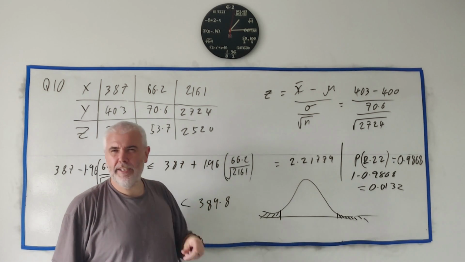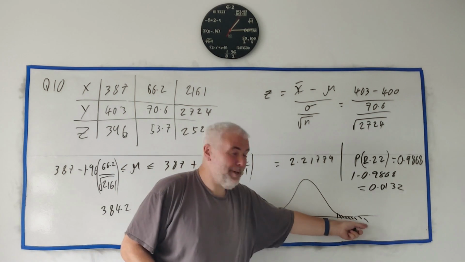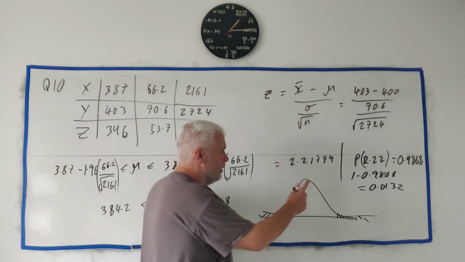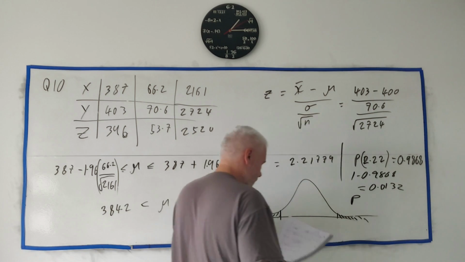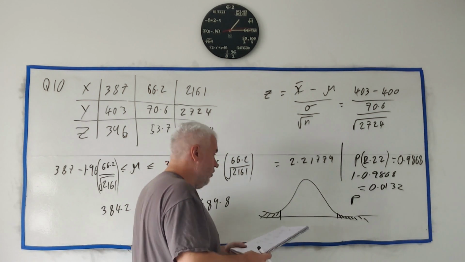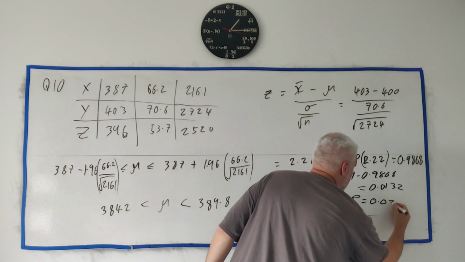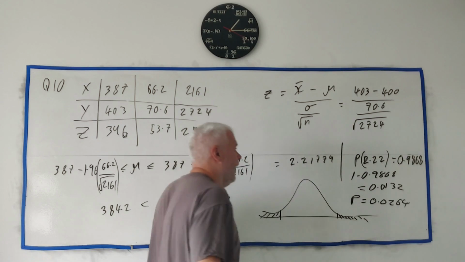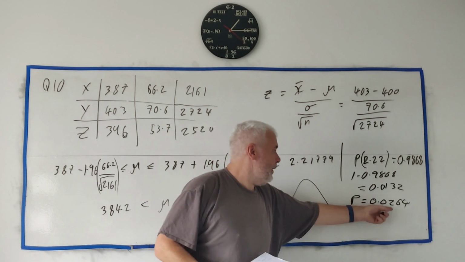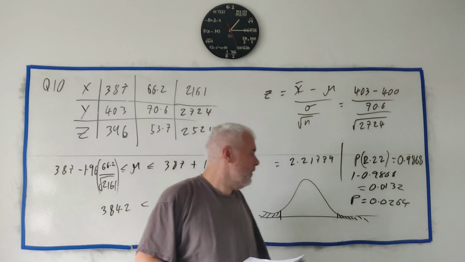Oh, this is why the minus wouldn't have mattered. If you had got minus and got this area, you're still going to multiply by 2 to get both of them. So multiply this by 2, the p-value is 2 times this. I don't think I have it written down. 0.0264. That's the probability that this 400 guess was correct.